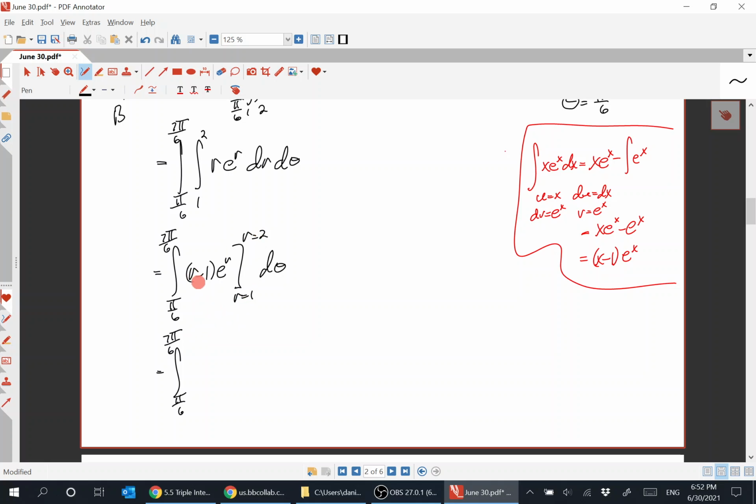At 2, this is e squared, and at 1, it's 0. So it's just e squared, which is a constant. So the integral is just that constant times the length of the interval, which is pi. So pi times e squared.